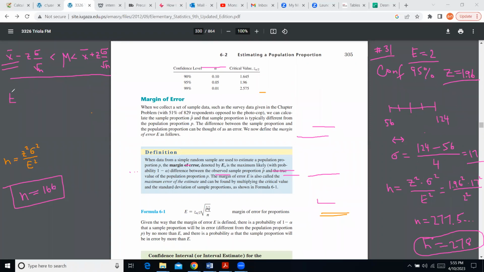And notice that the formula here for the error is kind of similar, but it's not really identical. It's in terms of Z, but PQ over N. So I get a proportion from the sample. People say, since it's from sample, I put a hat on it.